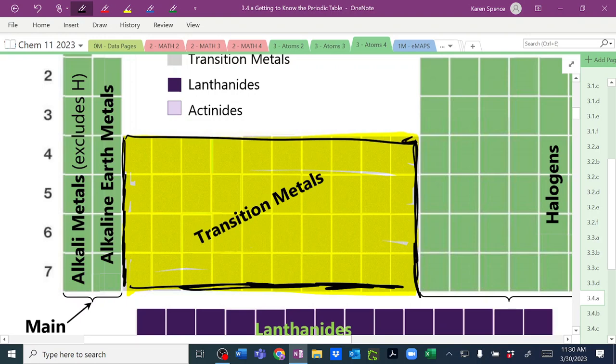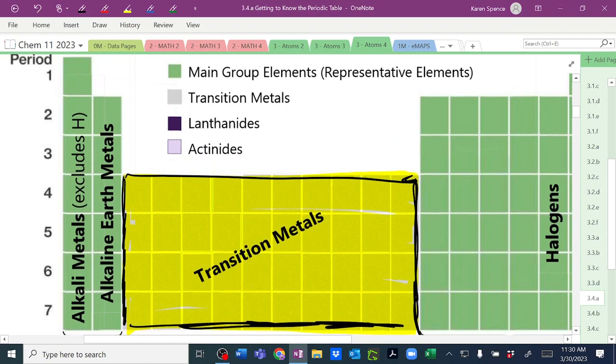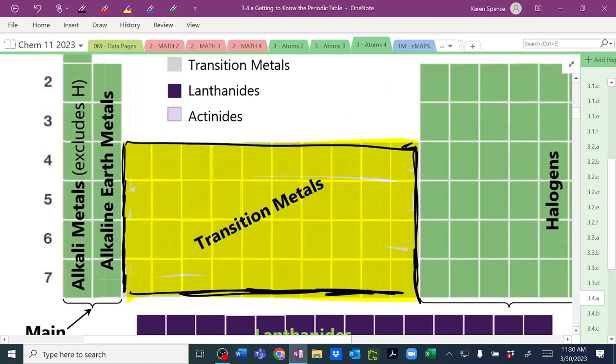Okay, so those are our transition metals. Do we know anything about the valence electrons of the transition metals? No, we don't. They are not easy to predict. So for the transition metals, you can't know how many valence electrons.